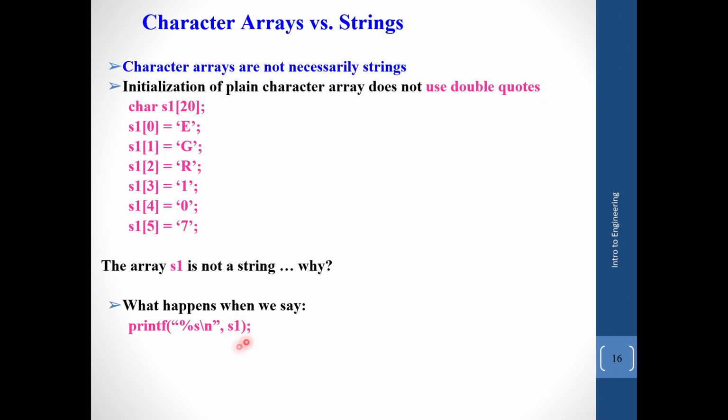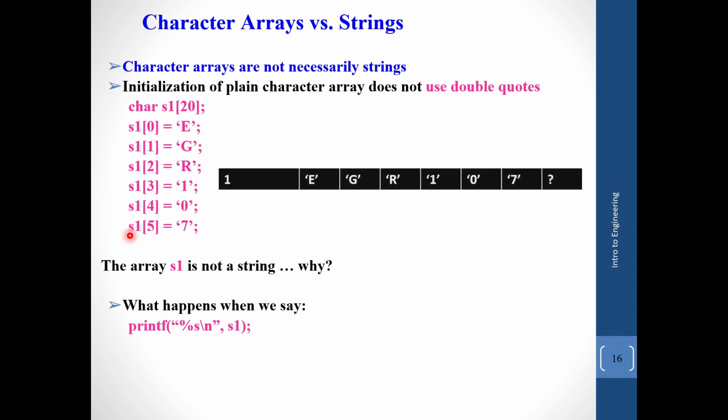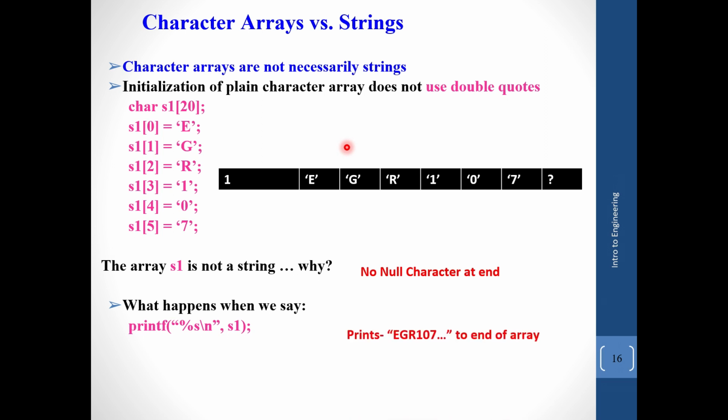That's a string, right? Start from my pointer, where it points to it in memory, go through until you reach a null. Well, do I actually have a null in here? No. So this will actually print out any other stuff that's in memory behind this. It will keep printing for 20 different characters, because that's how big the array is. In order to actually be considered a string, it has to have a null character at the end. So this will print EGR 107, but then it will print a bunch of junk after that.